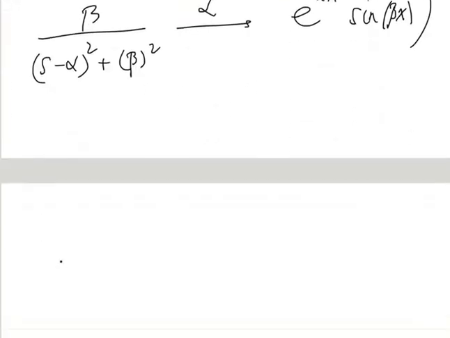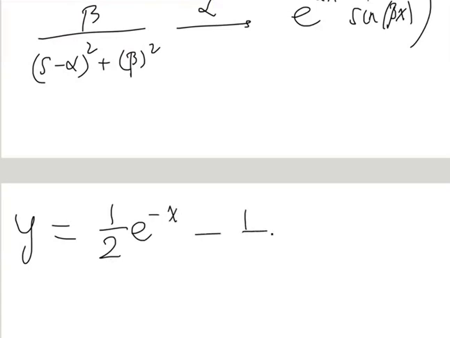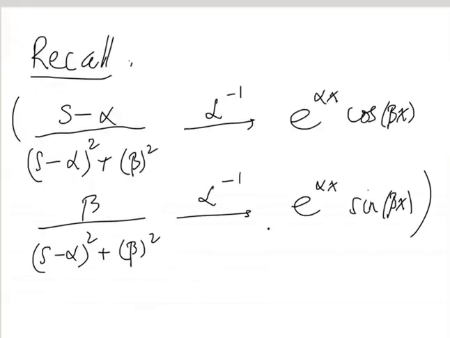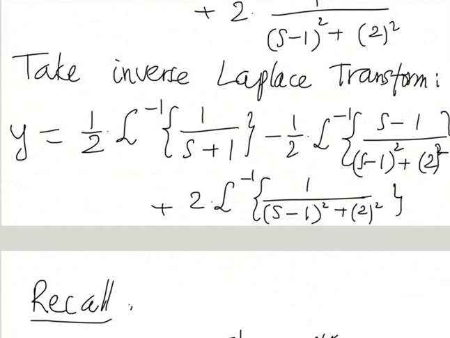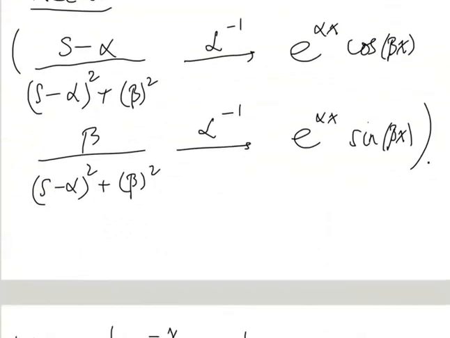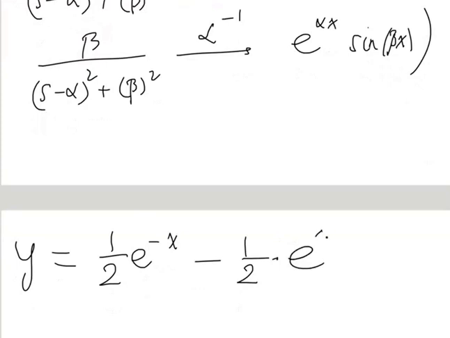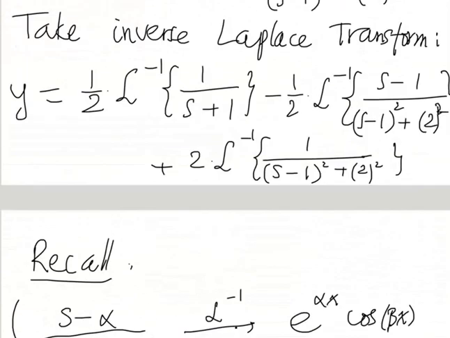So our answer is y, we have a half e to the minus x, and then minus a half times the inverse Laplace transform of this piece, which gives us e to the x cosine 2x. And then plus 2 times the inverse Laplace transform of this.